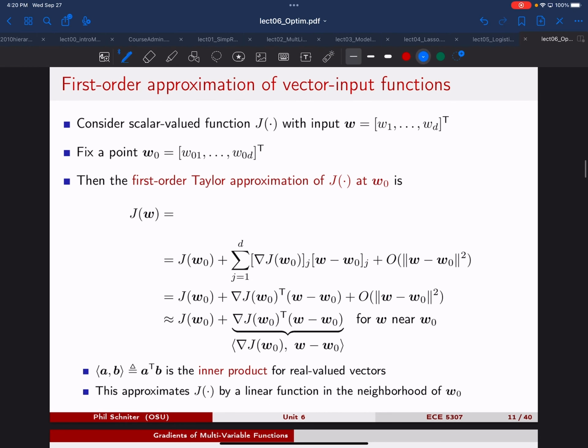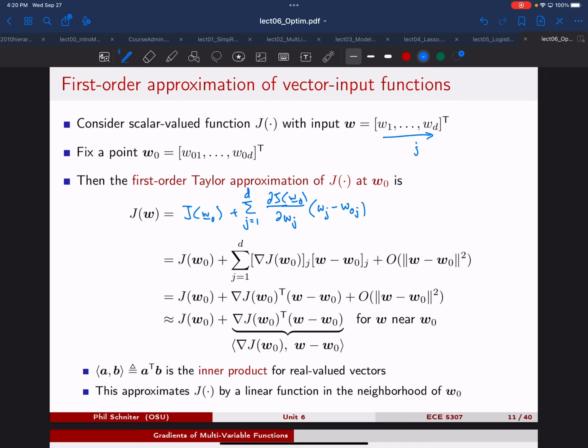So the first term will be J at the reference point, which will be vector W0, plus we'll have a sum, and I'm going to sum over j. j will index through the elements within W. And now I'm going to have dJ evaluated at the full W vector, dJ dWj, and then I'm going to have Wj minus W naught j.